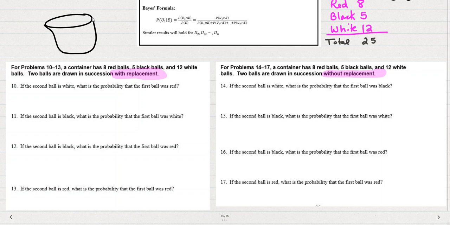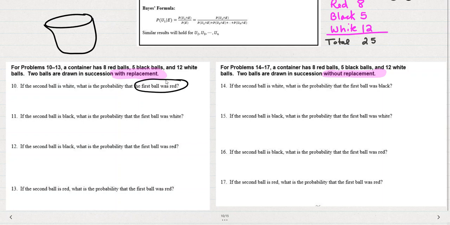And when they reach in, if the second ball was white, what was the probability that the first one was red? Well, if we replaced that, so if you think about it, the first ball was red, and then we put the red marble back and go for a white marble, do you see that really all we're looking for is what's the probability that the first ball was red?